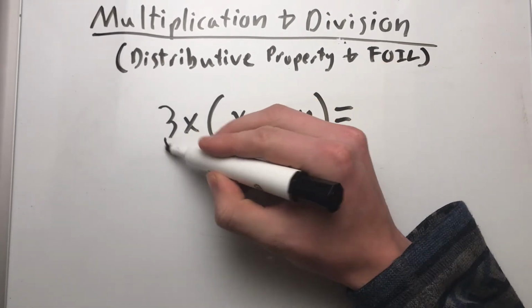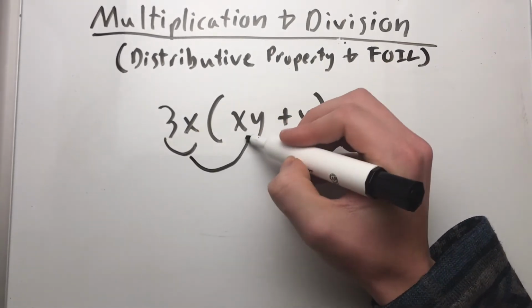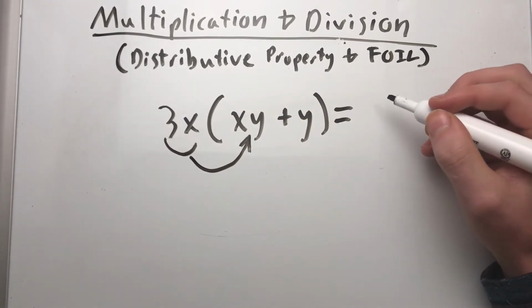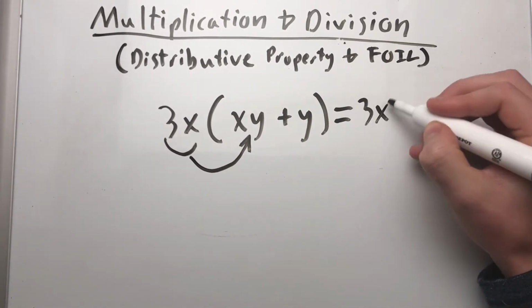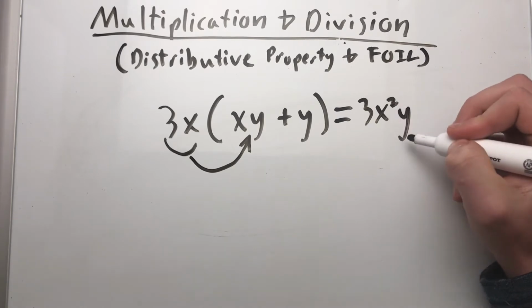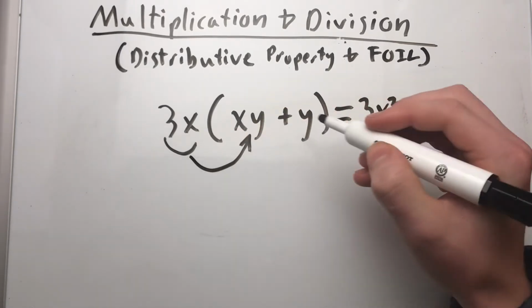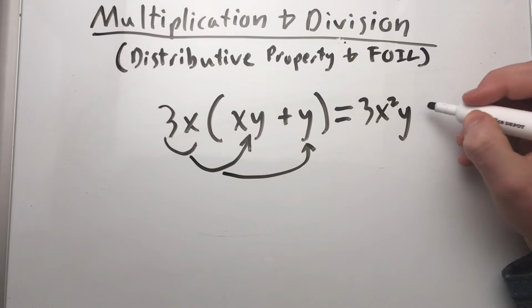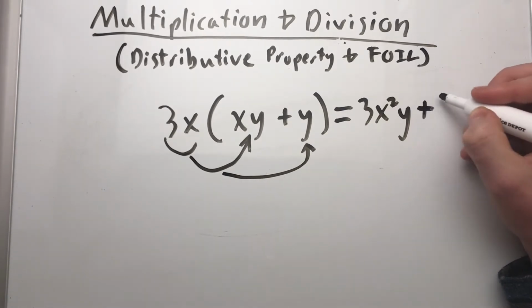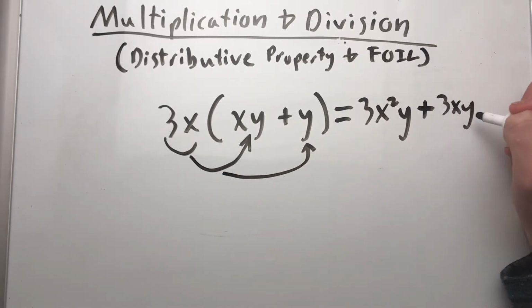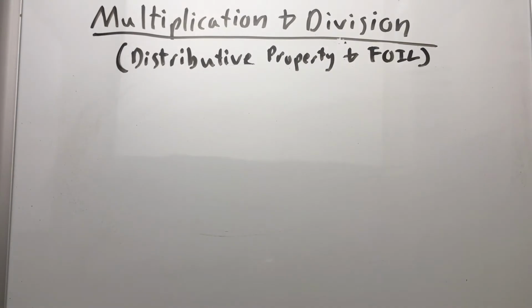Well, 3x times xy would give us 3x squared y. And then 3x times y would give us 3xy. So the distributive property as a basic concept is fairly simple.